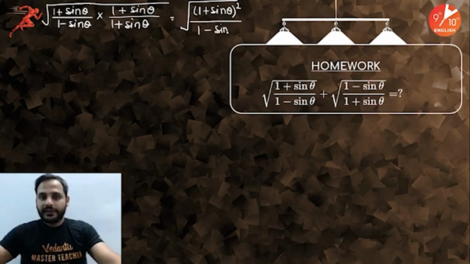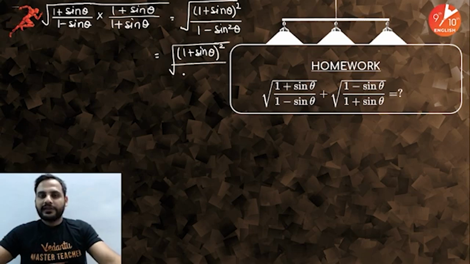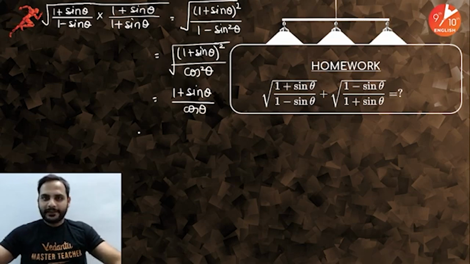So 1 minus sine square theta, which is cos square theta. So (1 plus sine theta) whole square under the square root, the square and square root cancel, and cos square theta out of the square root comes as cos theta. So it is (1 plus sine theta) upon cos theta.